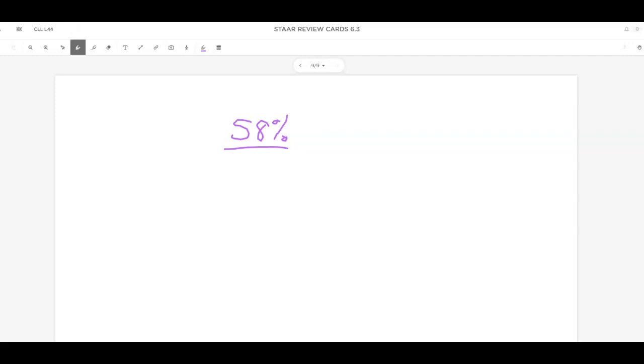You're going to see some cards that give you a fraction or a percent, and you're going to have to switch it. If they give you a percent and ask for the fraction, we put this number over 100 because remember, percent means out of 100. And from there, I have to simplify it.